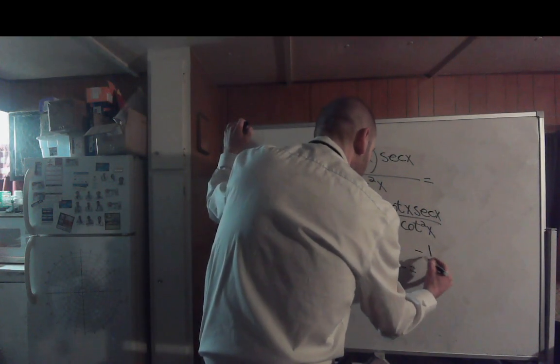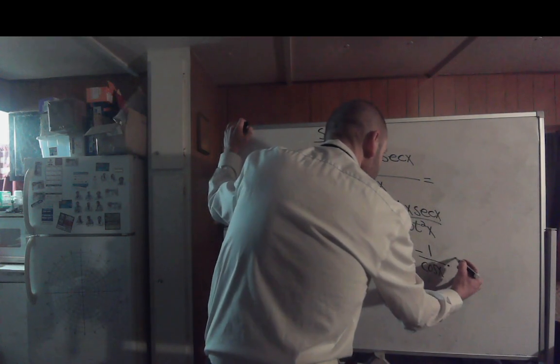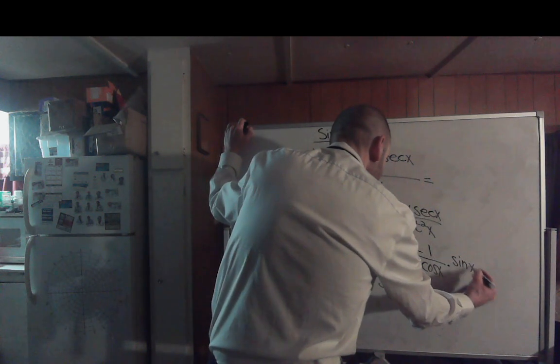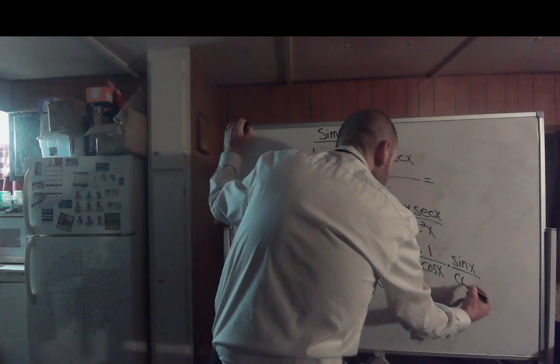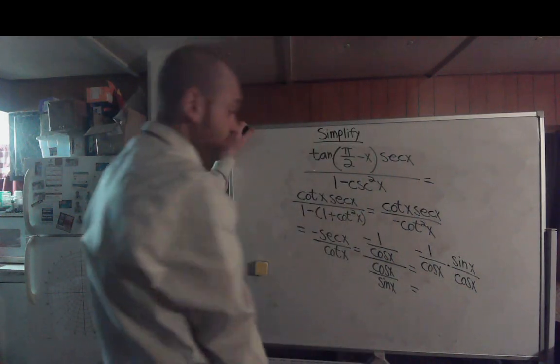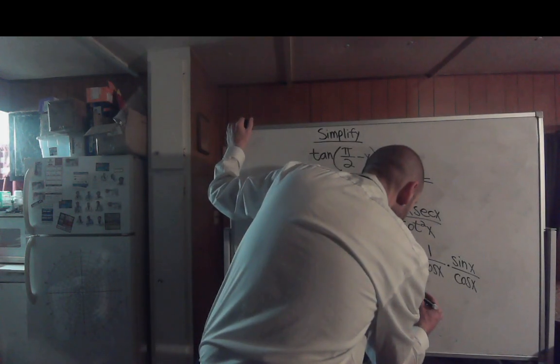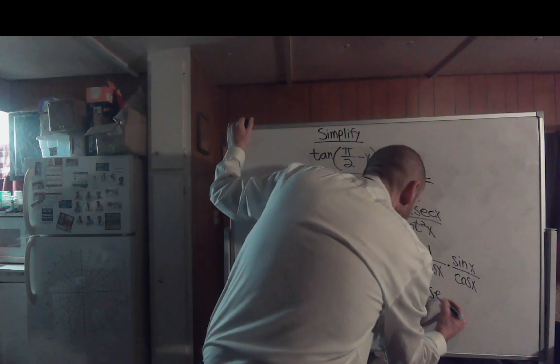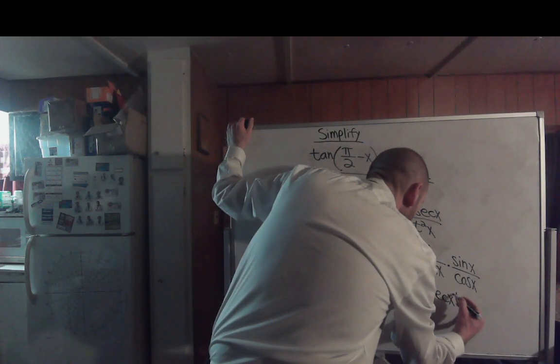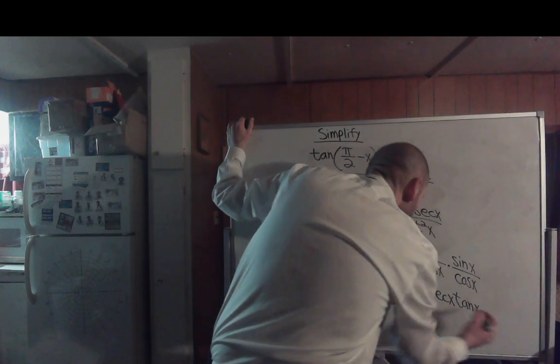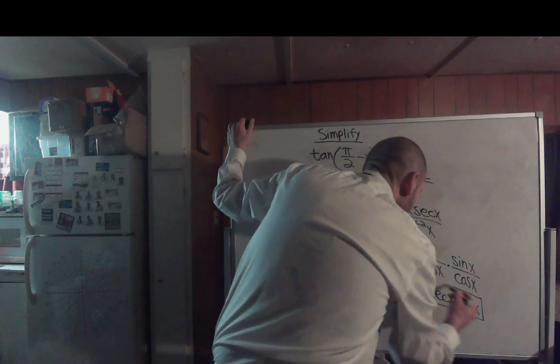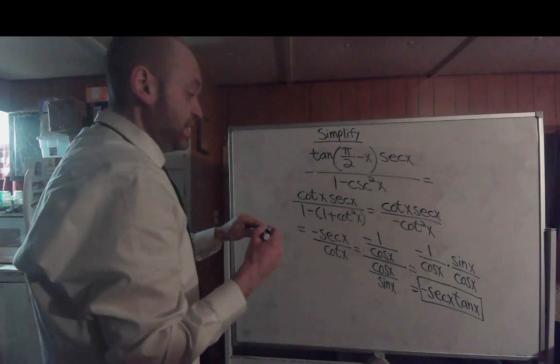You'll get negative 1 over the cosine of x times the sine of x over the cosine of x, which would just, the best we could do with this, to be honest with you, is going to end up being negative secant of x tangent of x. So the best you could get for this is negative secant of x tangent of x.